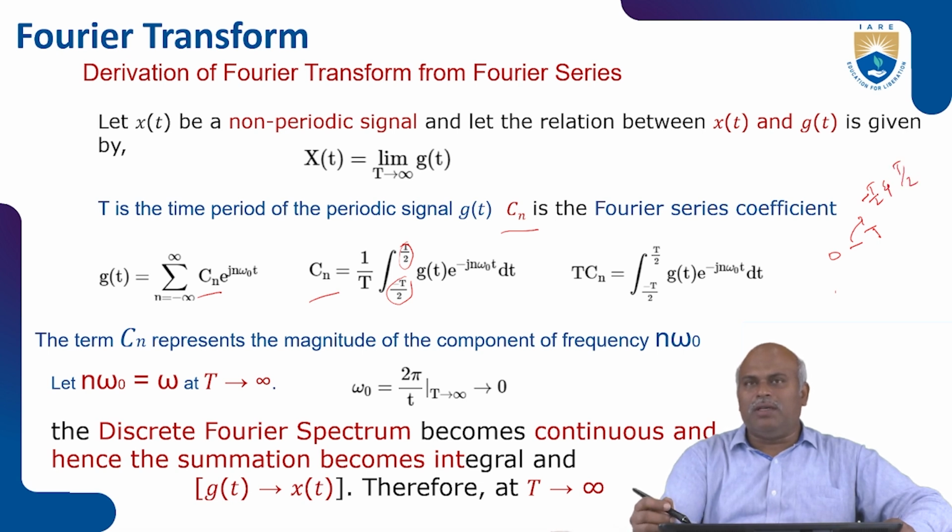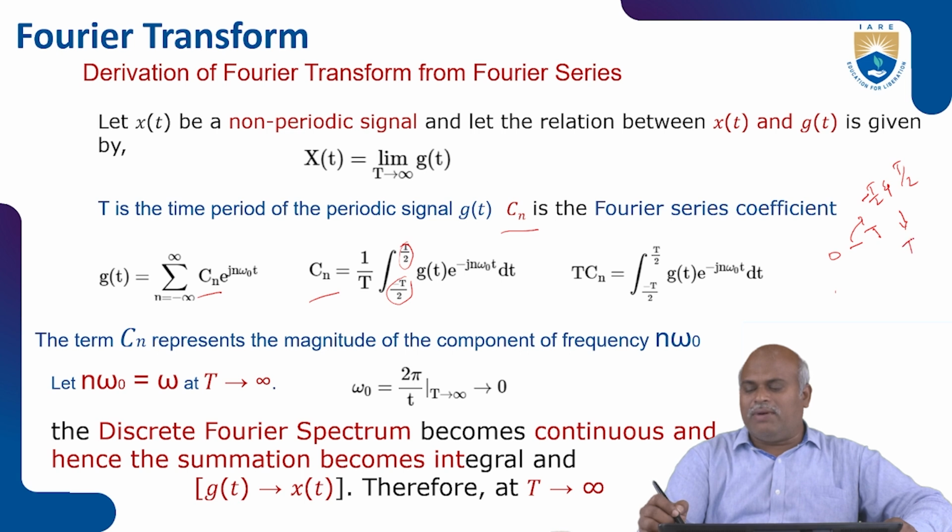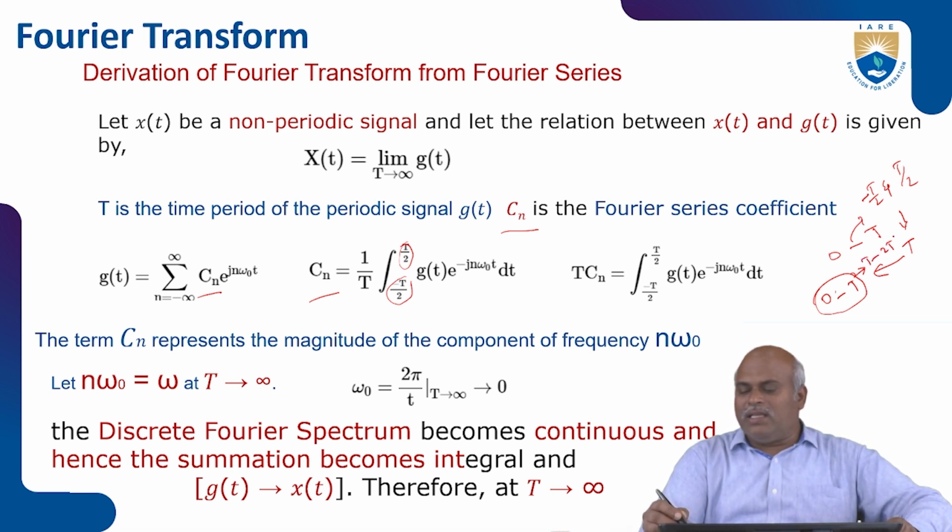If we add both, this produces the 1 T. So this is the 0 to T. After this, the signal is periodic: after 0 to T, again it happens for T to 2T. The same character is displayed as we get from 0 to T. The same will happen.